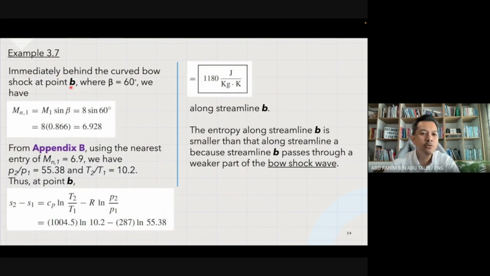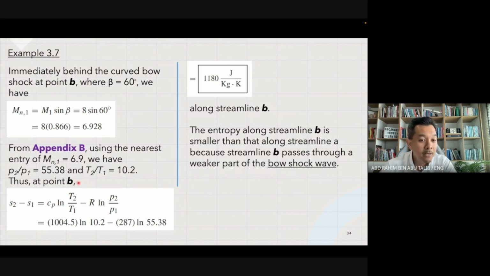Immediately behind the curved bow shock at point B, now we look at point B. We are given beta to be 60 degrees. So we have M1 is 8, sine 60 degrees is 0.866. You will then get Mn1 to become 6.928. From appendix B, using the nearest entry, Mn1 will become 6.9. So we have the pressure ratio 55.38 and the temperature ratio of 10.2.